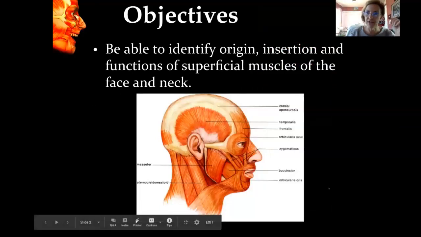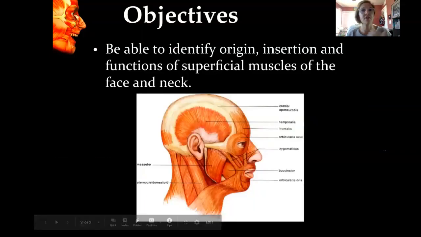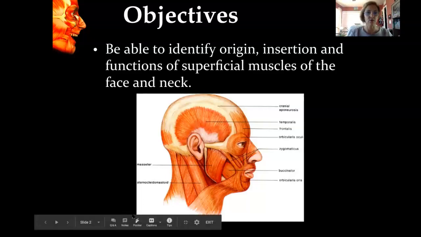Like every other PowerPoint we've done with the muscles, our goals are to name origin and insertion and to identify action. If we can name the origin and insertion, and we know that the insertion moves toward the origin, the action is pretty easy to reason out.